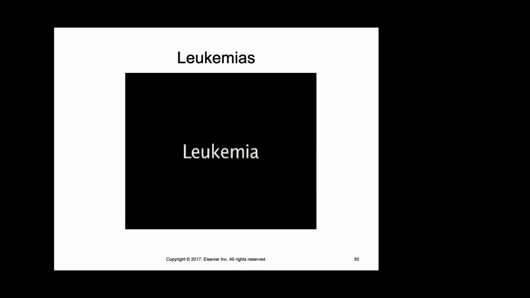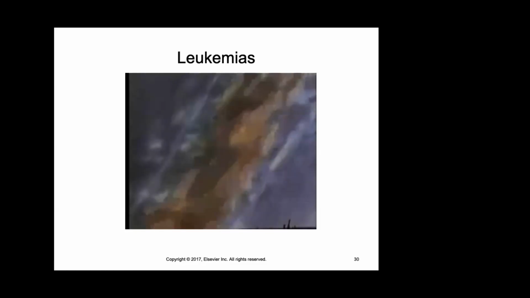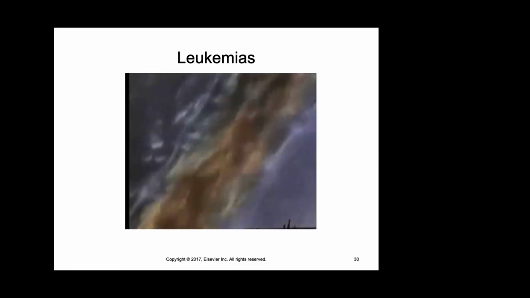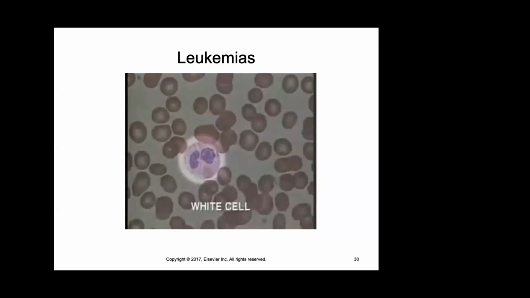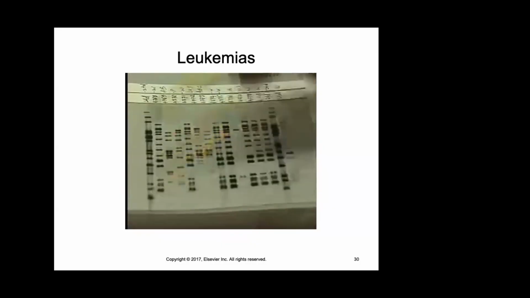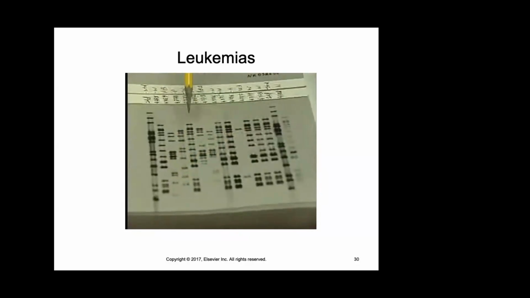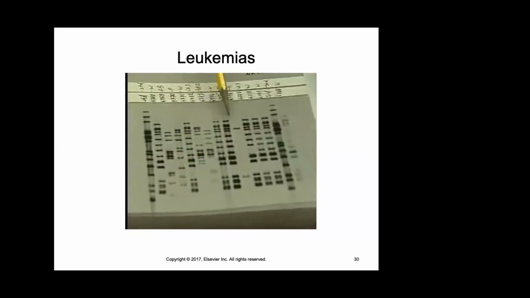Next thing we want to look at is leukemia. Leukemia is a cancer that usually affects the white blood cells. White blood cells develop from stem cells in the bone marrow. Leukemia results when something goes wrong with the process of maturation from stem cell to white blood cell.